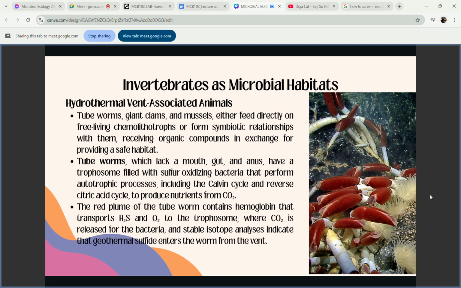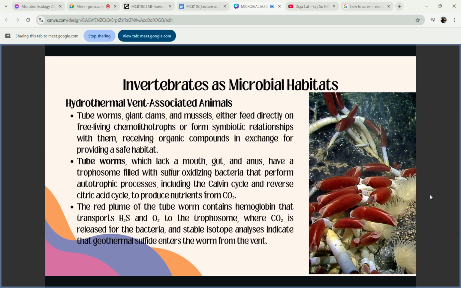So an example of these are the tube worms, which lack a mouth, gut, and anus, and have a trophosome filled with sulfur oxidizing bacteria that perform autotrophic processes including the Calvin cycle and reverse citric acid cycle to produce nutrients from carbon dioxide.